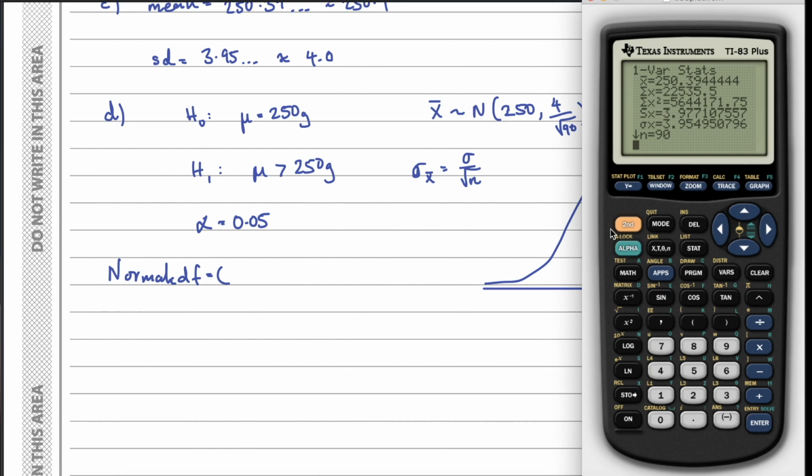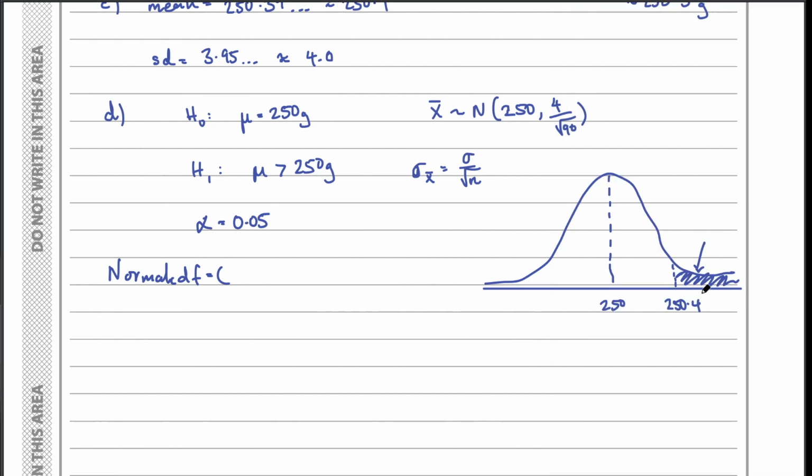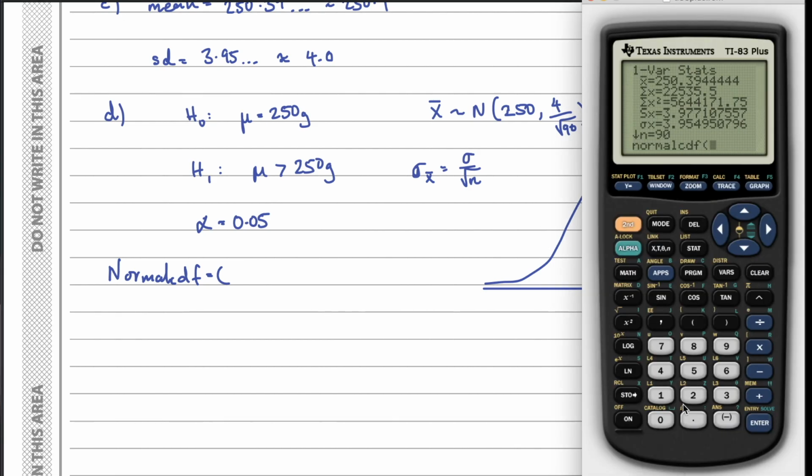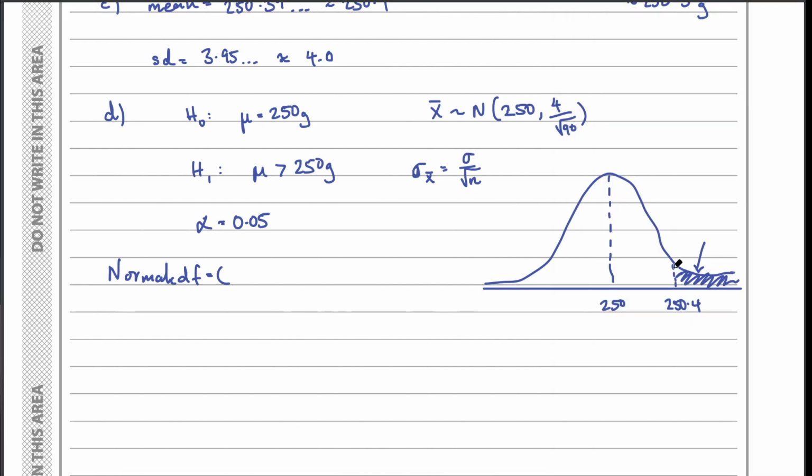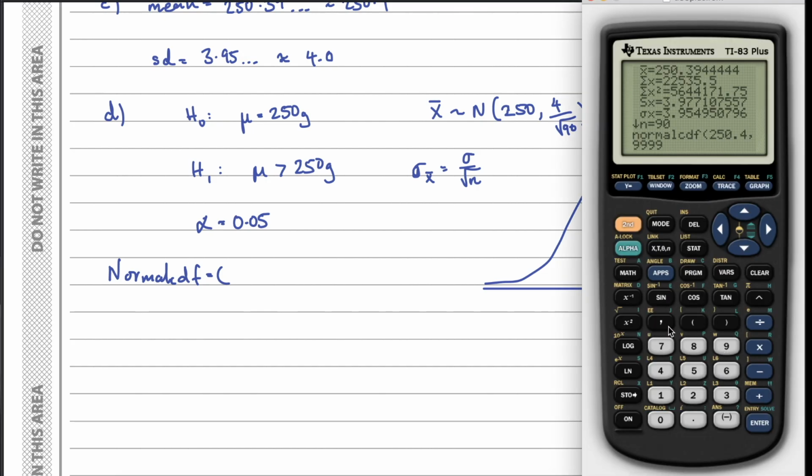And let me show you where that is on mine. So we can go to the distribution menu, which is above this key. Normal CDF is the second option there. Go into that, and the syntax for this on my calculator is we put in the sample value we got, 250.4, and then the upper value, in this case, because we're looking for the area between this value and the maximum, which is essentially infinity, so we just put in a large number such as 9999.